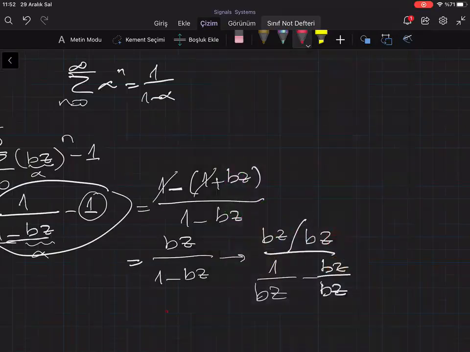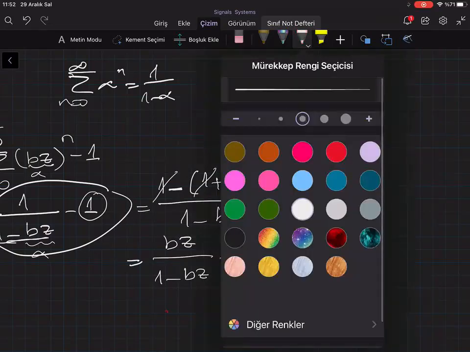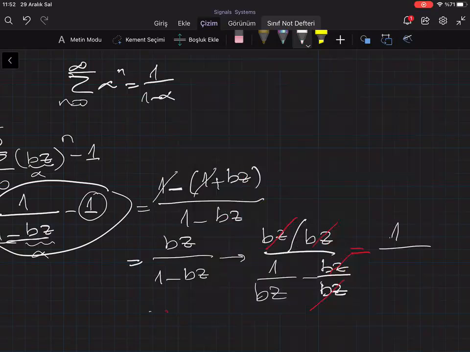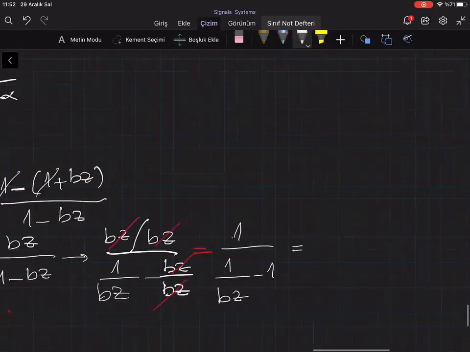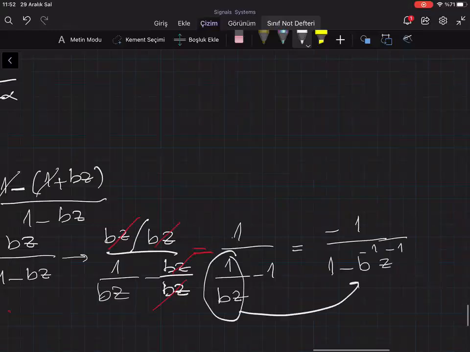Then these will go away, these will go away, and finally I will have 1 over BZ minus 1, or minus 1 over 1 minus B to the power minus 1 Z to the power minus 1. This is this.